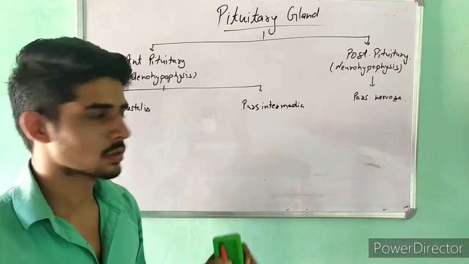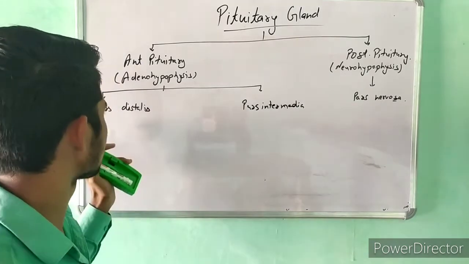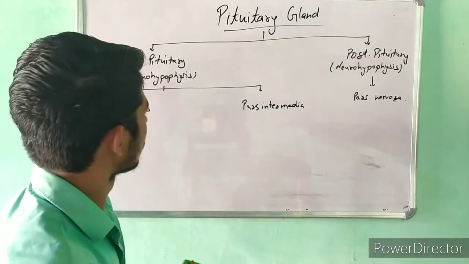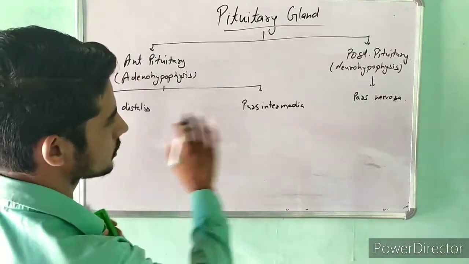In humans, the pars intermedia lobe is attached with the pars distalis, and the hormones are formed in these lobes.